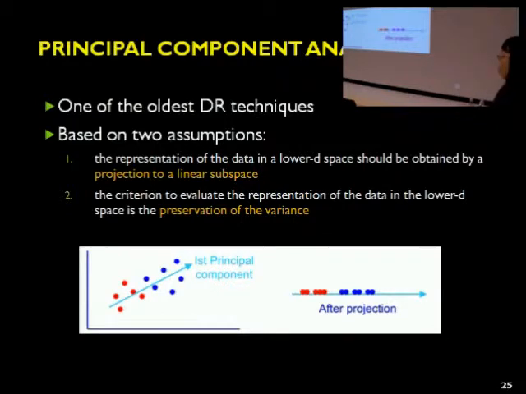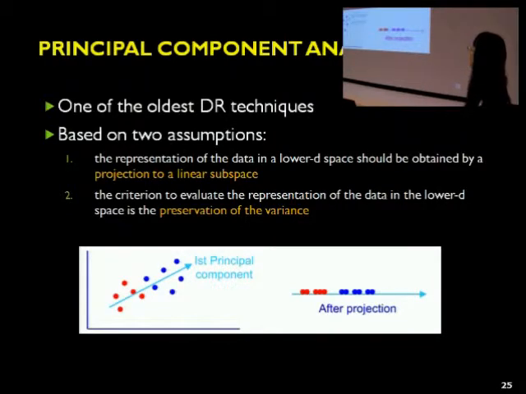So we are only capturing the linear pattern in the data. The second is that the criterion to evaluate the representation of the data in the lower dimensional space is the preservation of the variance. This is different from algorithms such as projection pursuit, where you try to preserve the deviation from the normal distribution. So these are just small variations between different algorithms.